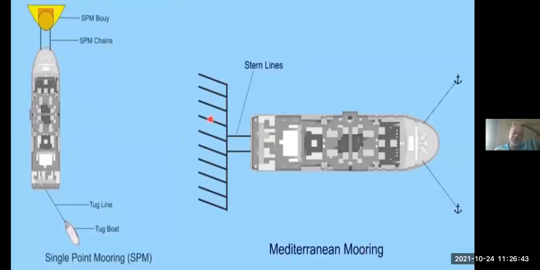Cargo can be discharged by a floating crane, or the ship's crane can be used. Or the SPM is a very famous mooring for tankers, where floating pipes will be connected to the ship, and those pipes go down to the seabed, and from there a submarine pipeline goes to the refinery. So those sorts of operations are also possible.